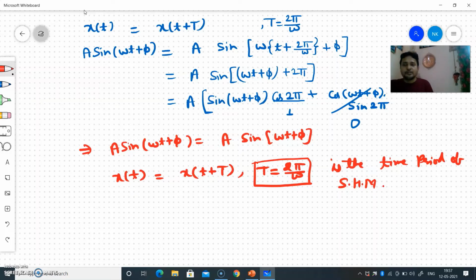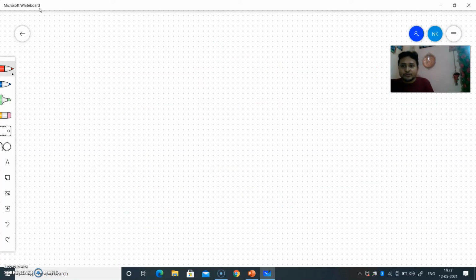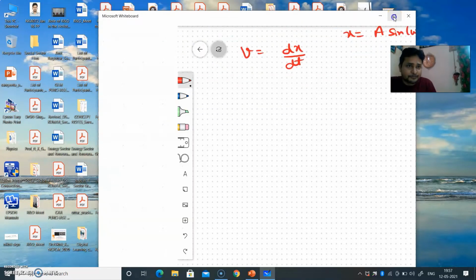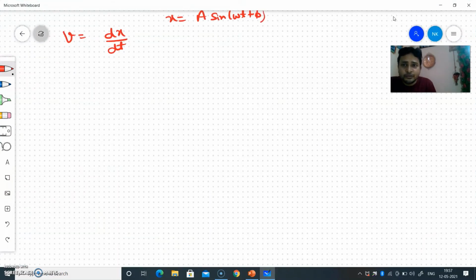So what is the velocity, acceleration and energy? Let's check that. Velocity, let's check that in the next slide. So velocity v is just dx over dt. Since x is equal to A sin(omega t plus phi), v is dx by dt, and that will be A omega cos(omega t plus phi).